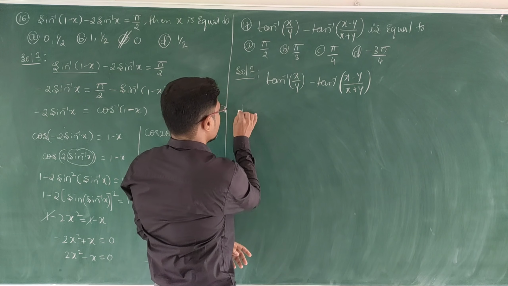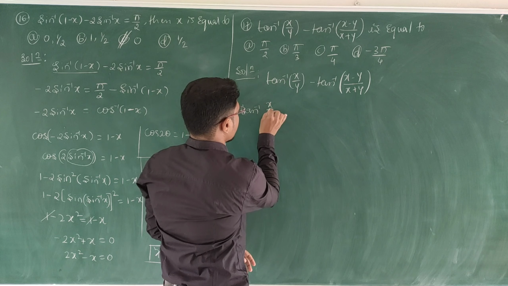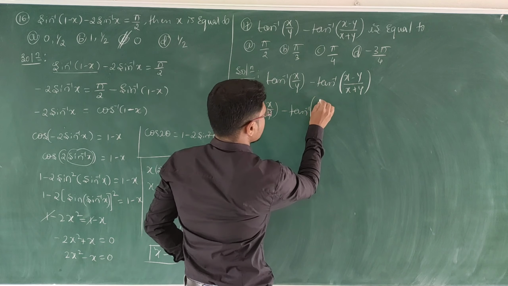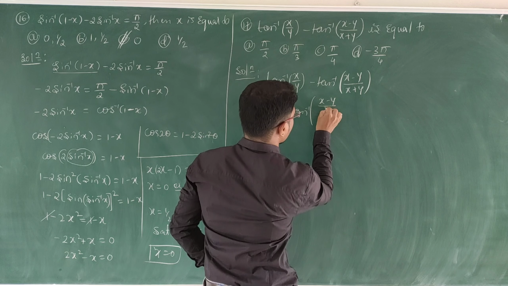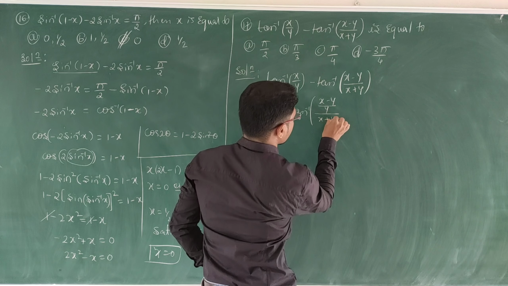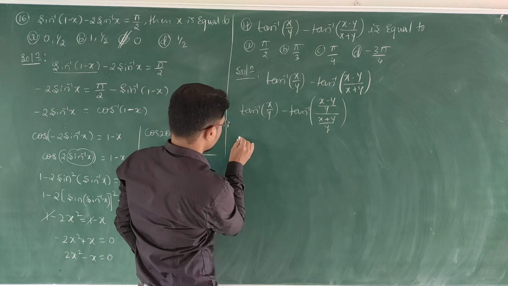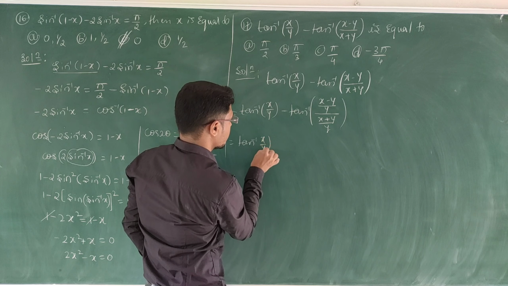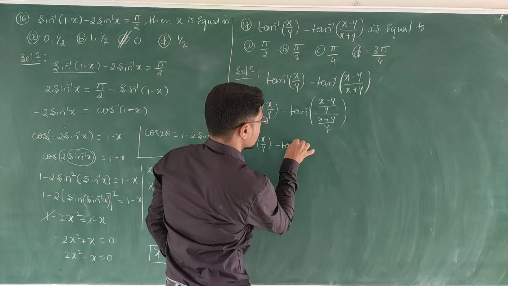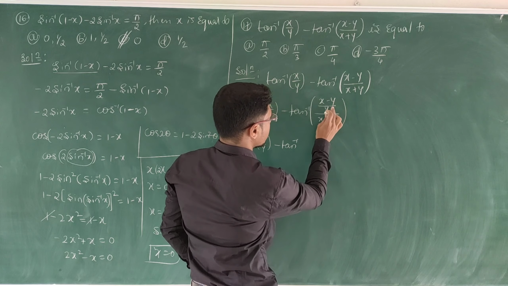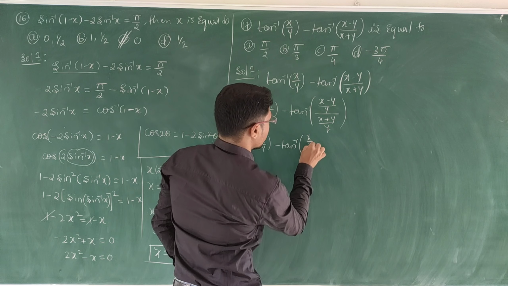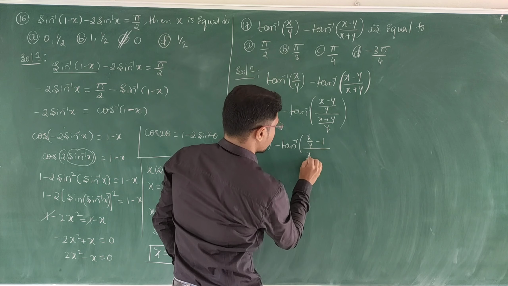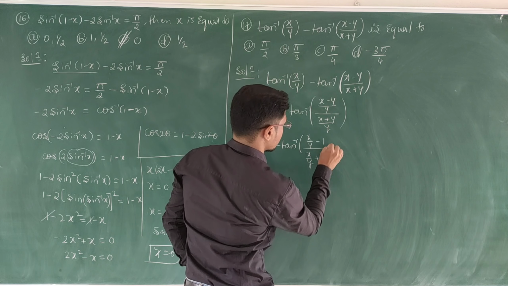So tan inverse of x by y minus tan inverse of x minus y upon y divided by x plus y upon y, which is tan inverse of x by y minus tan inverse of x by y minus 1 over x by y plus 1.